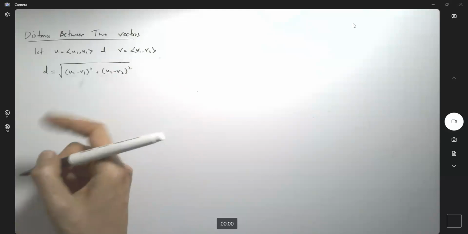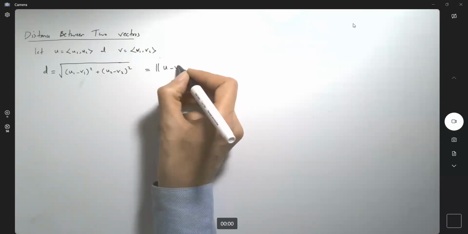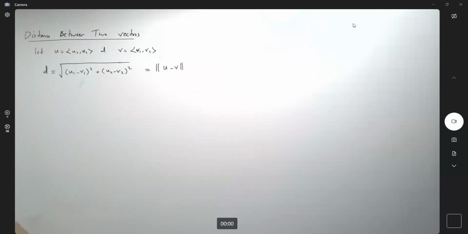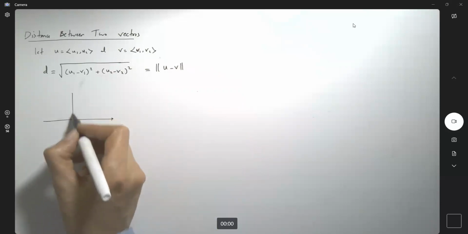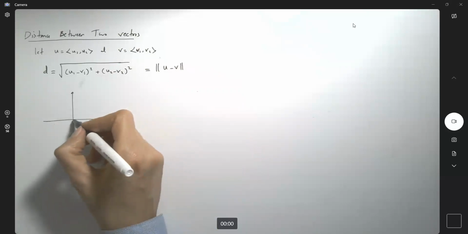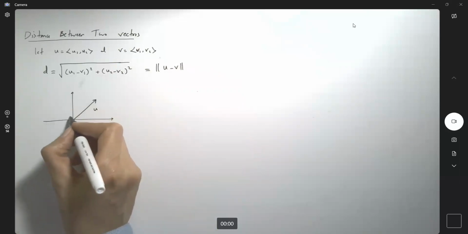It can also be written as the magnitude of the difference between these two vectors. As you remember, if you have, for example, two vectors in the plane, one of them is vector u, and the other is vector v.